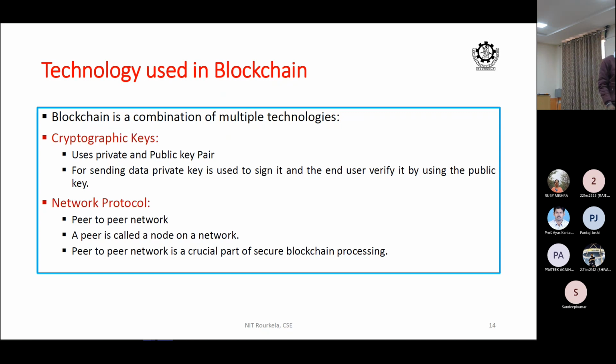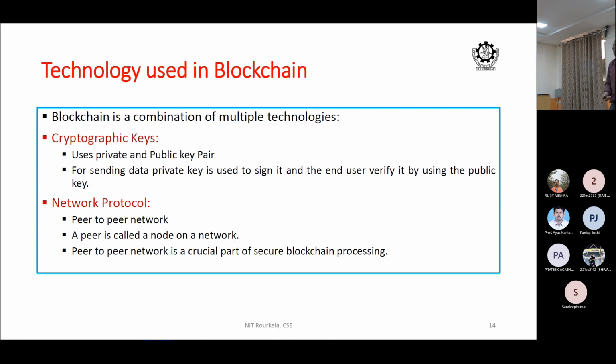Then the networking protocol is basically a peer-to-peer protocol. That means you communicate only with your peers. My peers are my neighboring nodes, so I communicate only with my peers. Whatever information I have, I send to my peer, and my peer, after verification, sends it to his other peers. In this way, the data proliferates in the entire network.